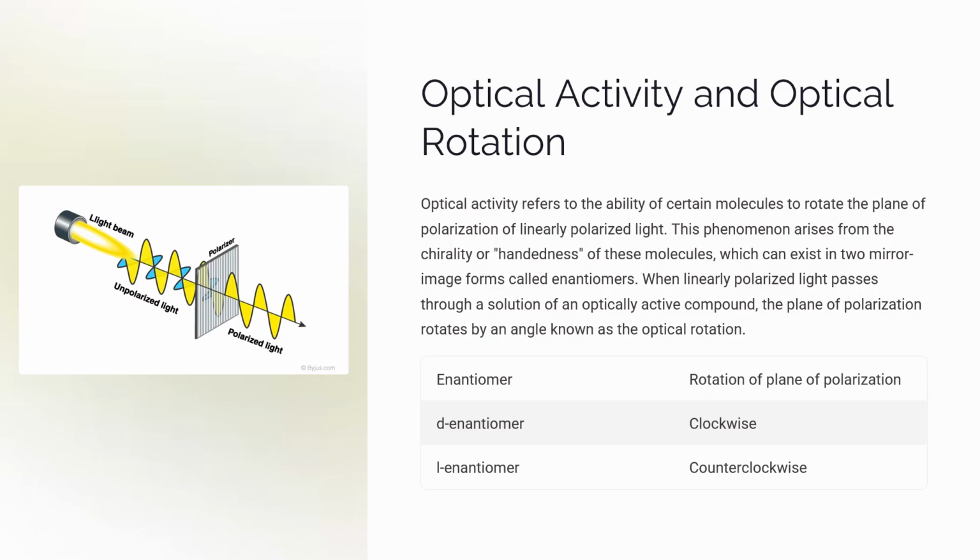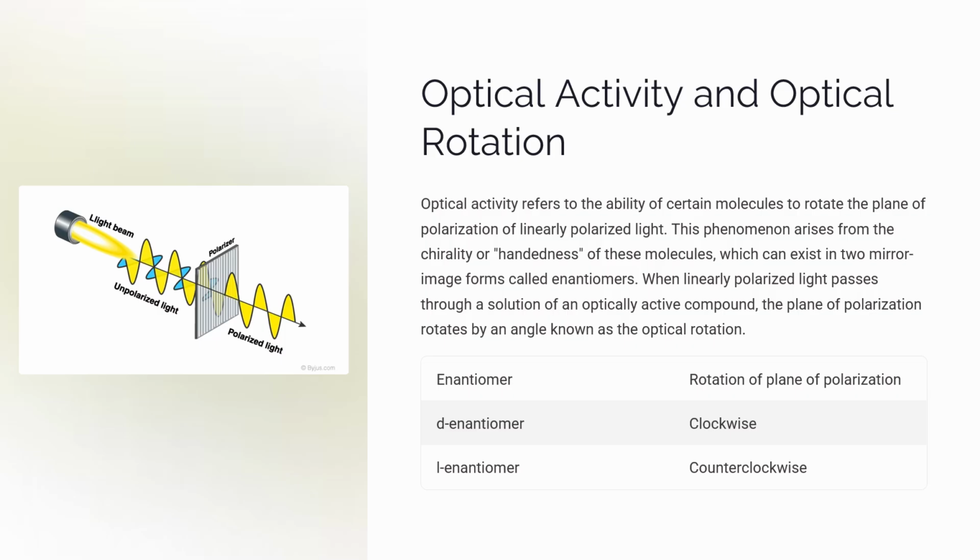Optical activity and optical rotation. So the diagram of linearly polarized light passing through a sample with rotating planes shows enantiomers D and L forms labeled with rotation directions. Let's discuss the optical activity. Certain molecules known as chiral molecules have the unique ability to rotate the plane of polarization of linearly polarized light.